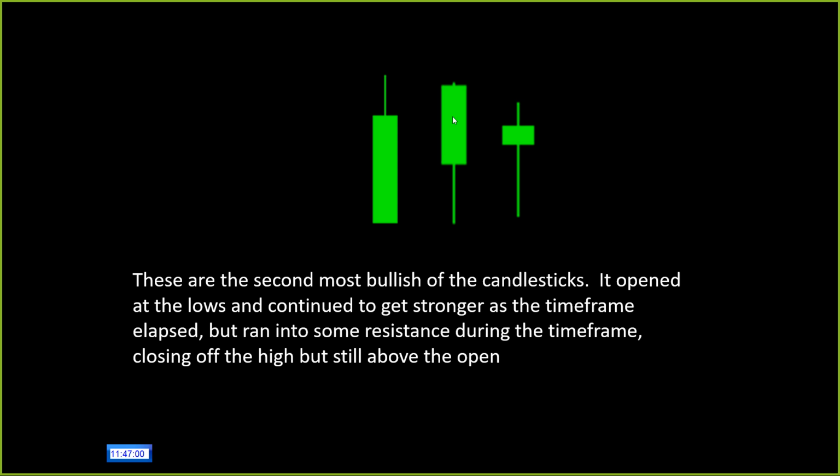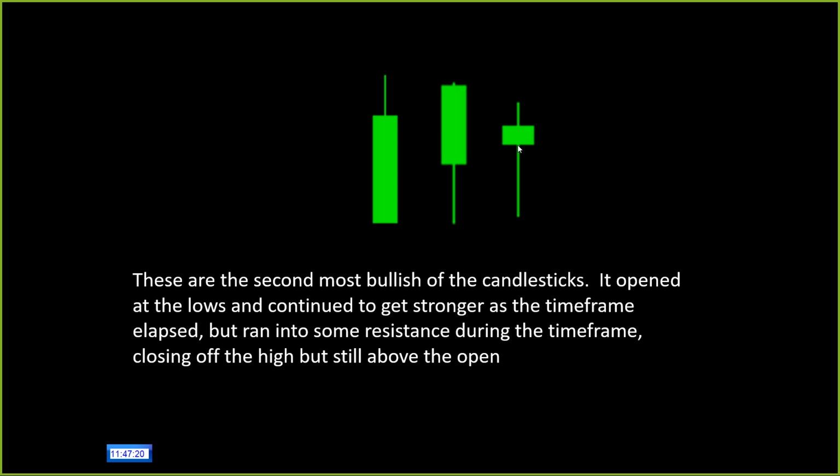Now these are the second most bullish, and these symbolize the price action closing relatively strong or closer to the high. Obviously this one's going to be stronger than this one because it closed more at the high.